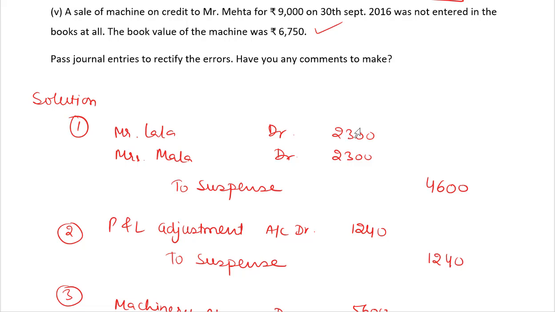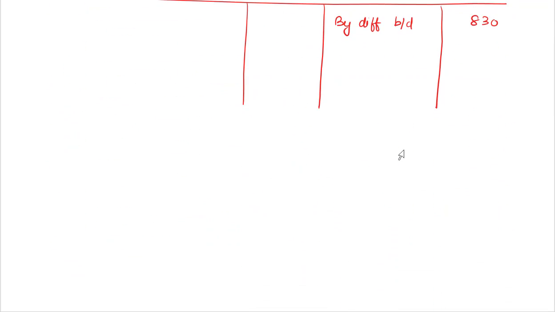Now just check it over here. Mala and Lala, 2300 and 2300 would be credited. So we will credit by Mala and we will credit by Lala, 2300, 2300.